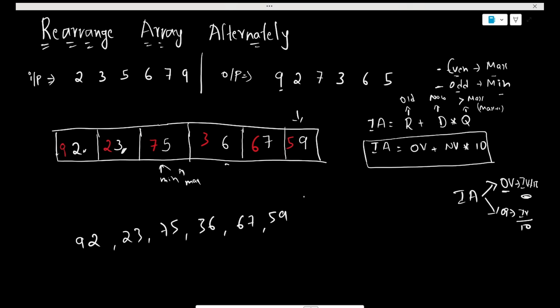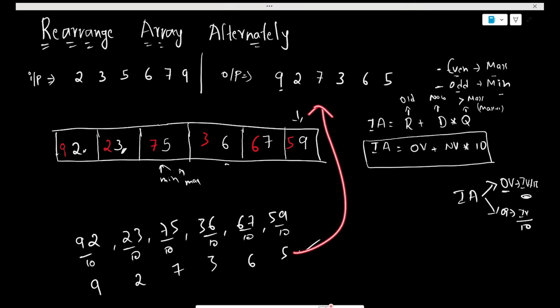Right? So divide all the numbers by 10. So what will be the answers? 9, 2, 7, 3, 6, 5. These are the answers. This is the output, right? This is what we want here.